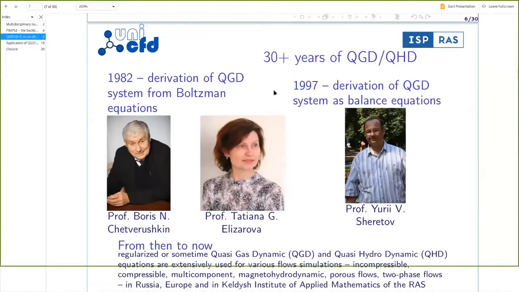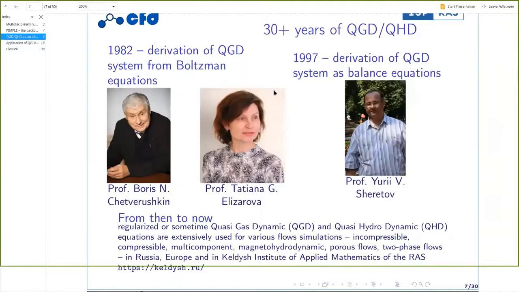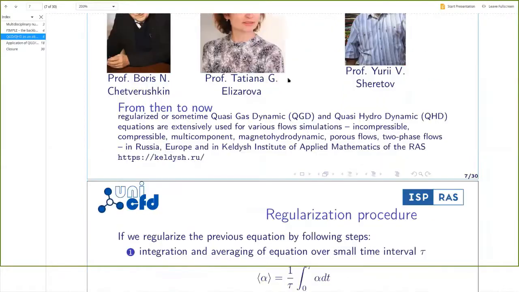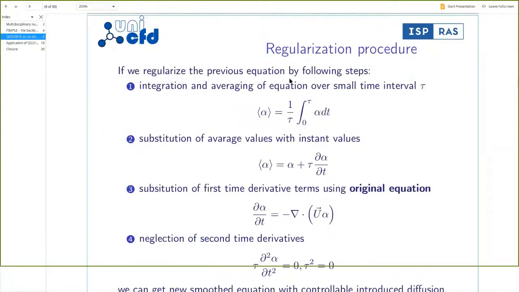The history of the algorithm starts 30 years ago when Professor Chetverushkin derived the first version of QGD equations from the Boltzmann equations. And during 30 years, this approach evolved into a multi-physics interdisciplinary framework for simulation of MHD equations, porous flows, two-phase flows, and so on.